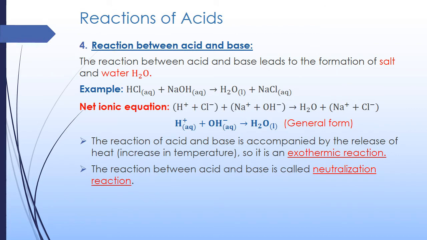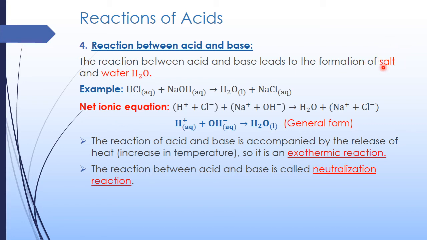The last reaction that we are going to explain today is the reaction between acid and a base. An acid that releases hydrogen ion H+, and a base that releases the hydroxide ion OH-. This reaction produces two products. The first product is water molecule, H2O, and the second product is the salt.